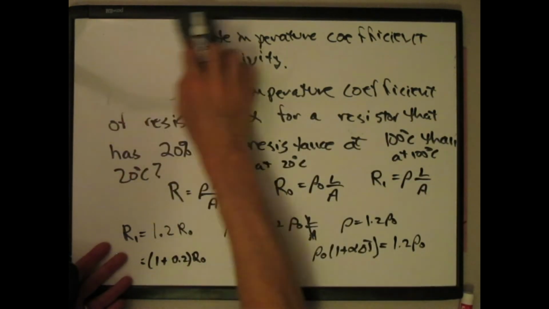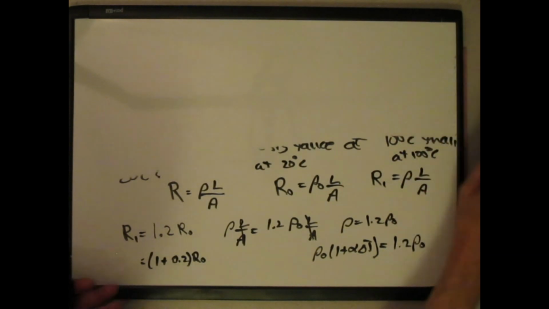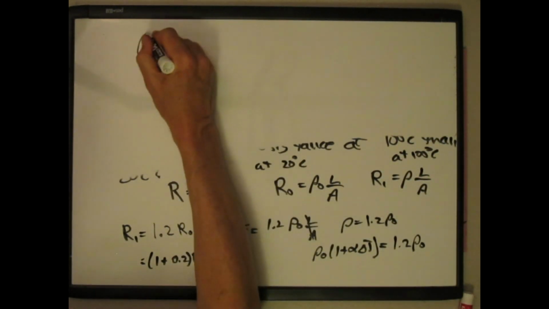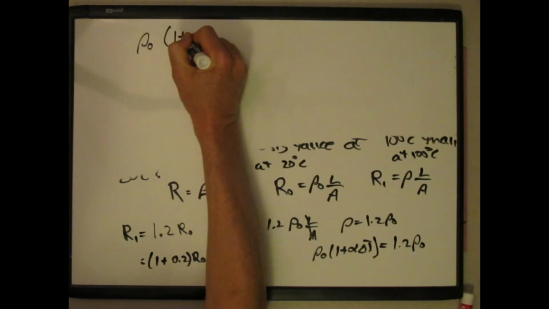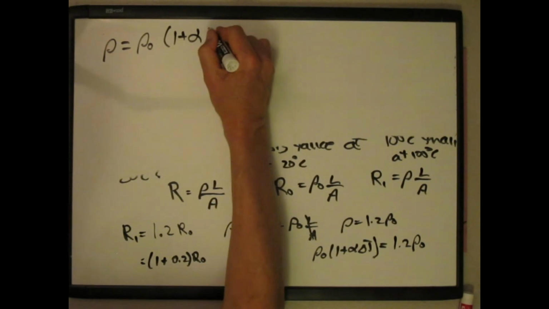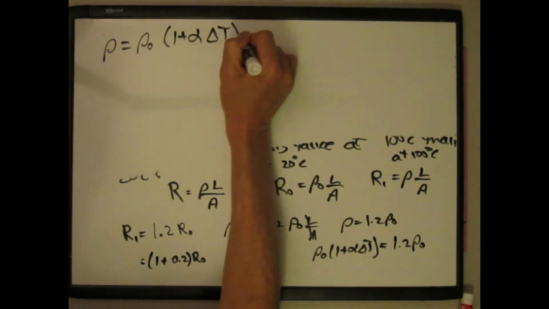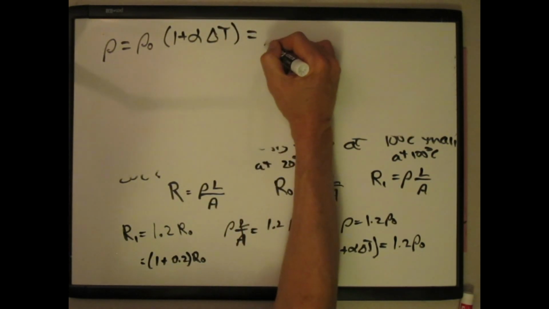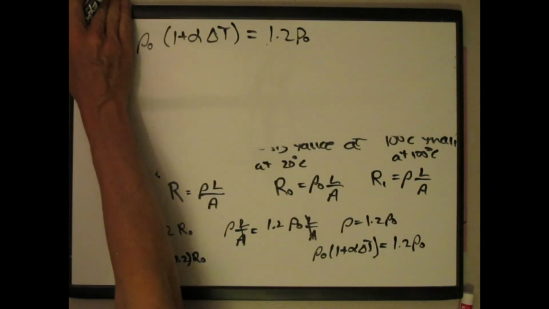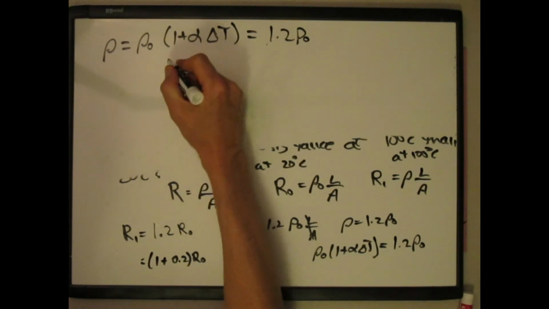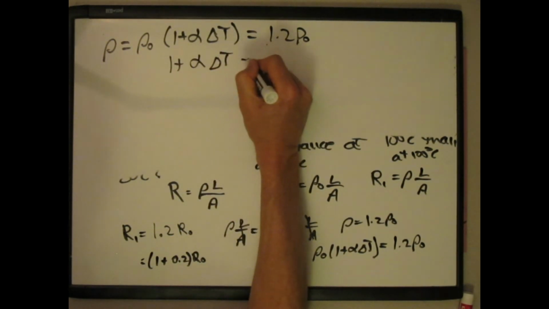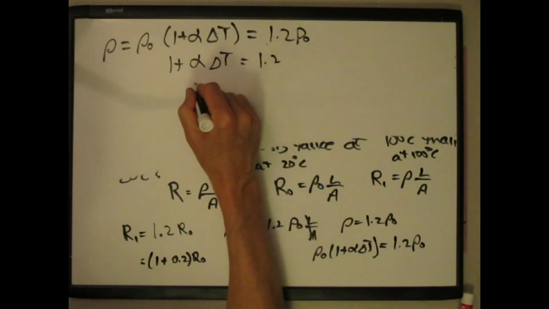So if I go back up to the top here, I'll just write the whole thing out. I say rho naught times 1 plus alpha delta T is equal to 1.2 times rho naught. Well, if I just look at that part of the equation, I can cancel rho naught, and I can say 1 plus alpha delta T is equal to 1.2.